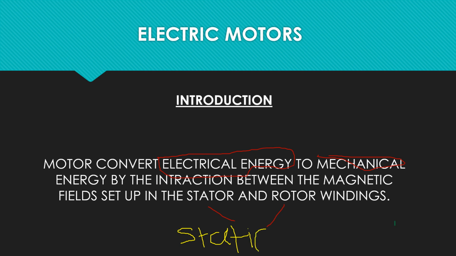There is a magnetic field between the stator and the rotor, and with the help of that, the rotor moves. In the further lessons, we are going to learn how it works.